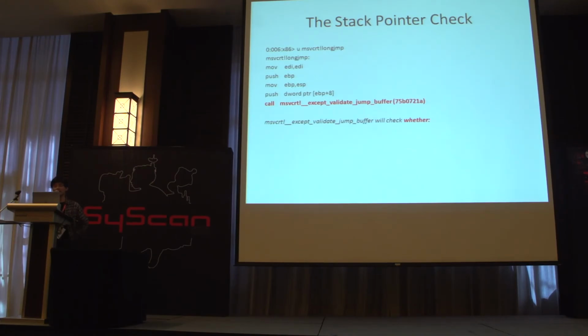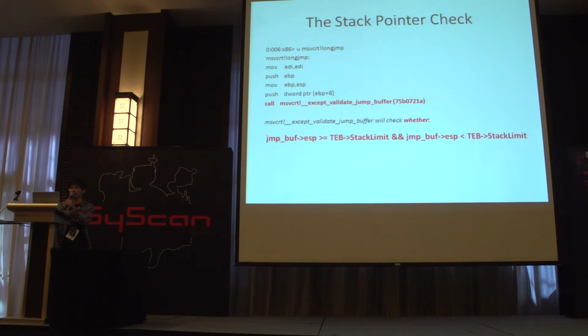At the beginning of the API, it will check whether the ESP register specified in the jump buffer structure is in the range of the current stack. If the ESP you give is not in the range of the current stack, it will consider this call to be an invalid call and will raise an exception. So if you want to use such APIs, the first thing you need to do is to leak a valid stack address.